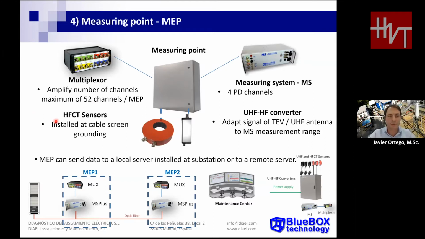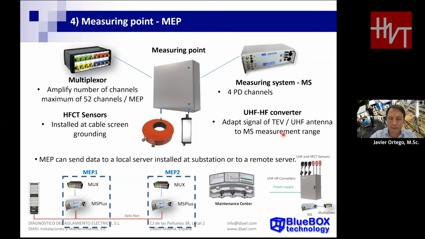We can use high frequency current transformer sensors like in this picture. This sensor is very interesting because we can cover a big range in the installation, but we can also combine it with the same instrumentation, UHF or TIFF sensors.